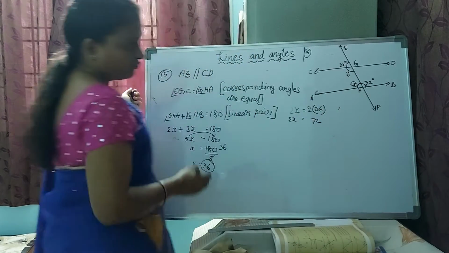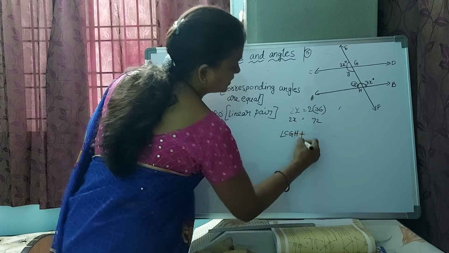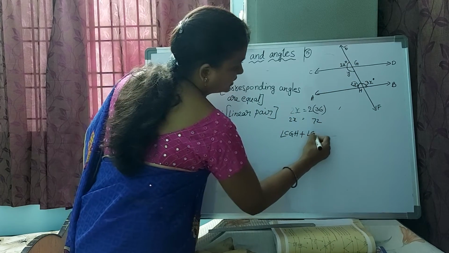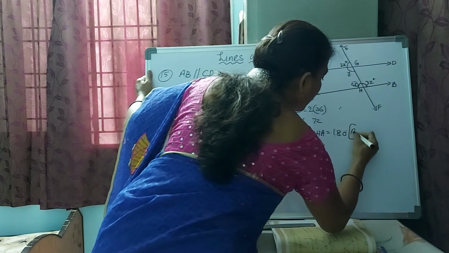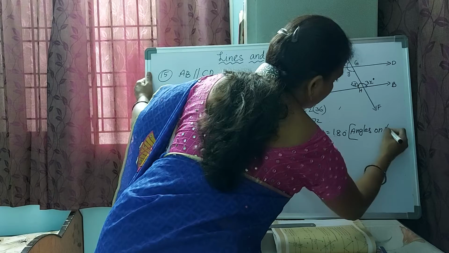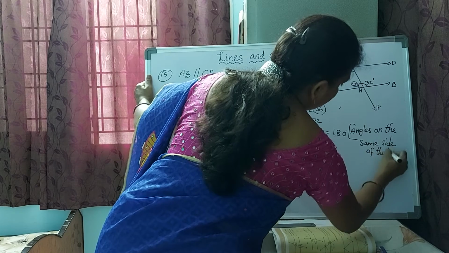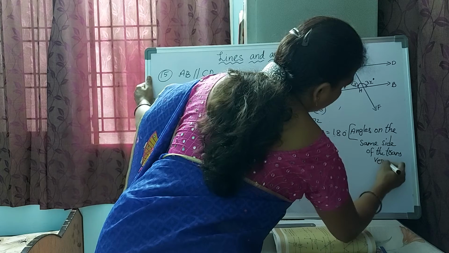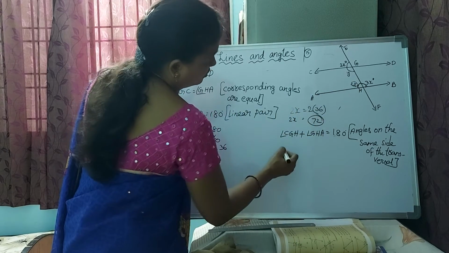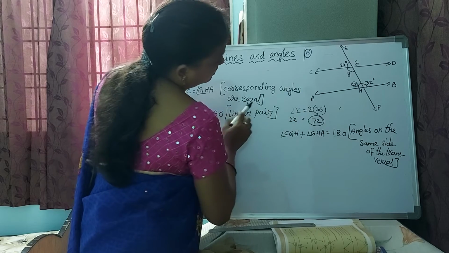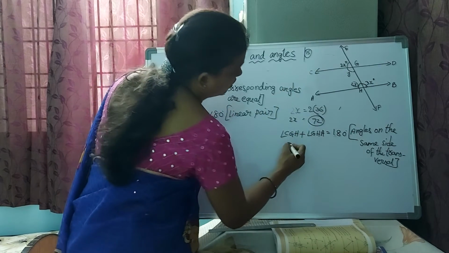We knew this one, and we have to find out y. Angles on the same side of the transversal: angle CGH plus angle GHA is equal to 180. 2x is equal to 72, and CGH we don't know, angle y.